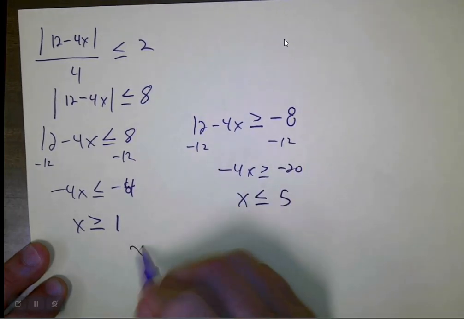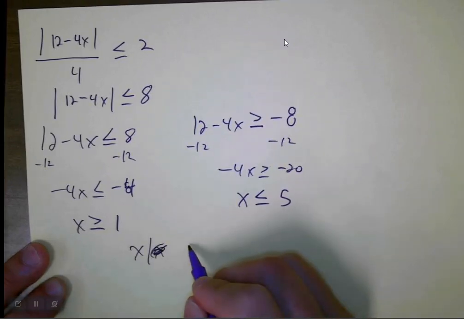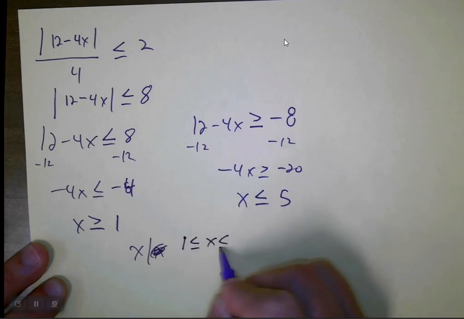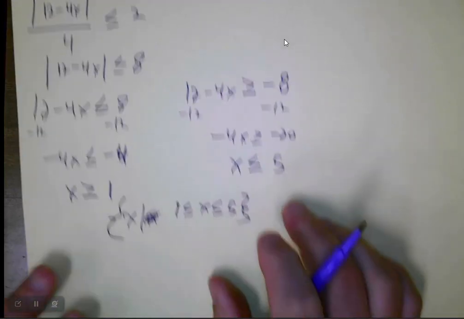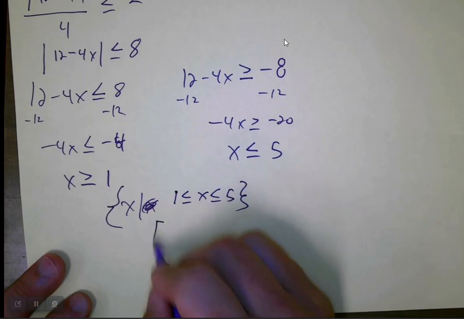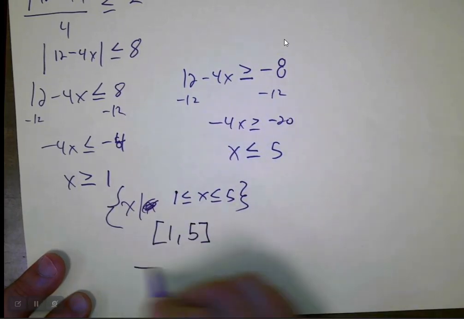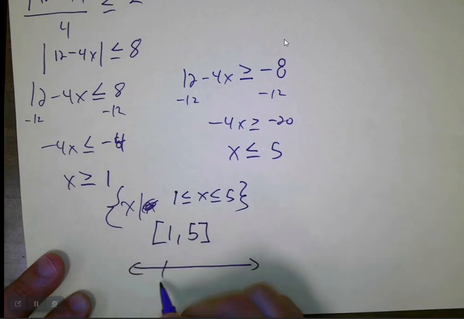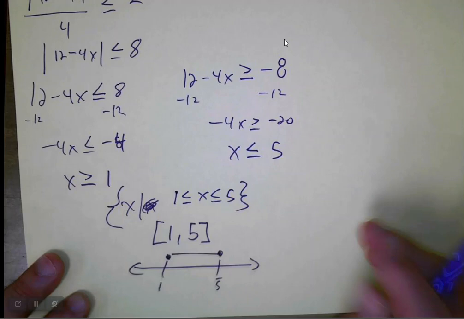You got x such that 1 is less than or equal to x is less than or equal to 5, which I'm not a big fan of that notation. I prefer my interval notation like this, and my graph looks like 1 and 5, and they fist bump.